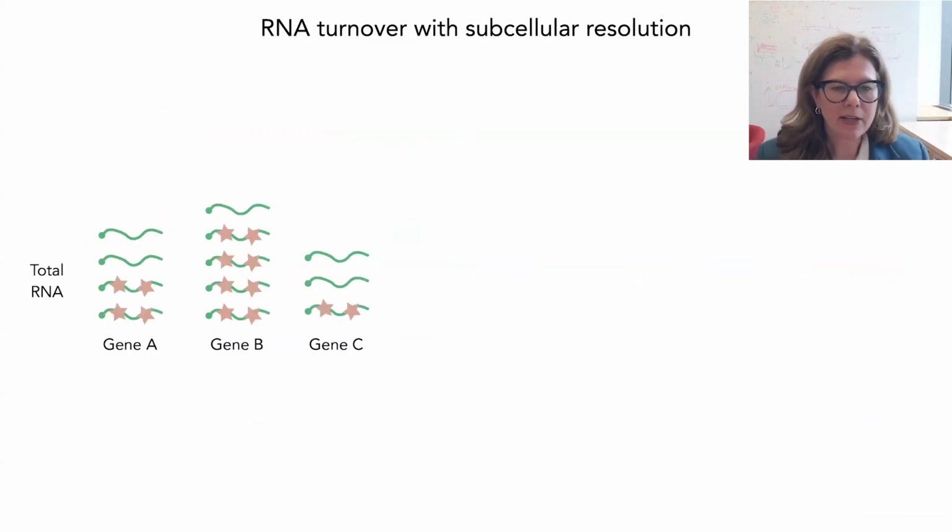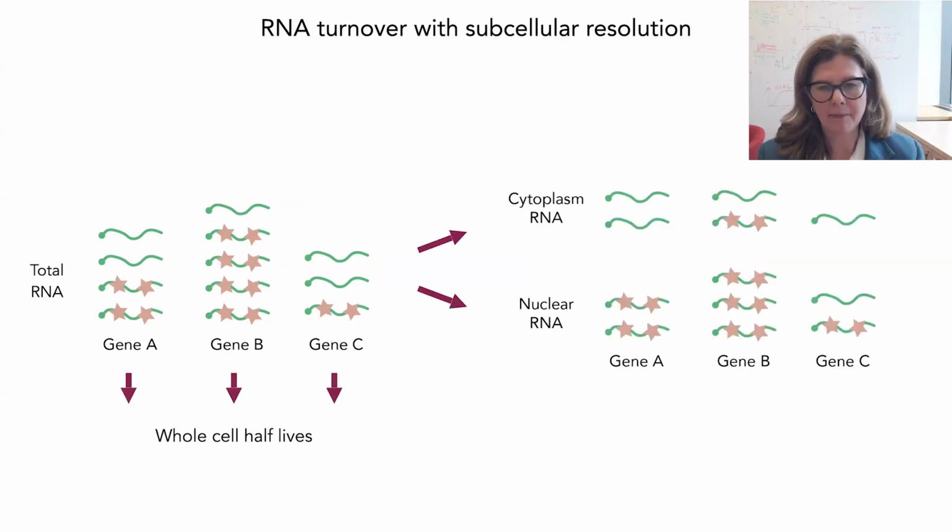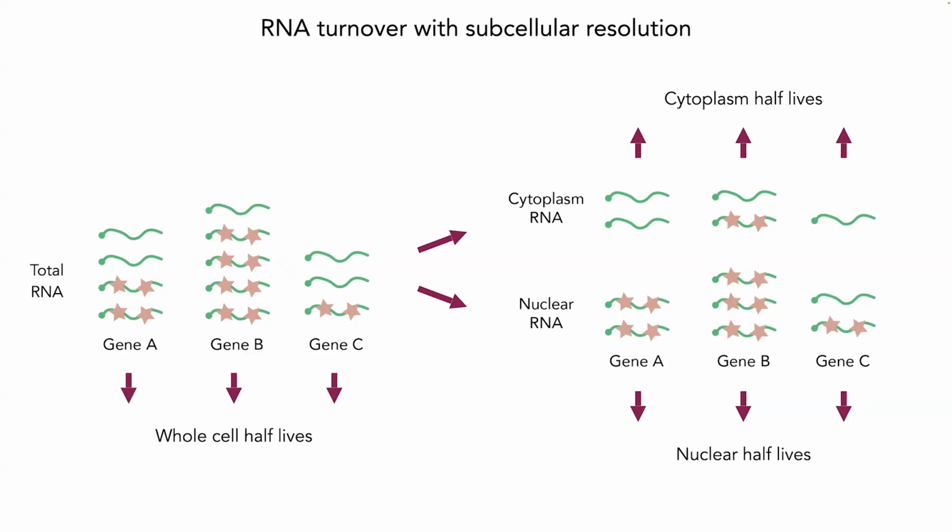And what Brendan wanted to do, instead of looking at the total half-life of the RNA, was to couple this approach with cellular fractionation, to look not only at whole-cell half-lives, but also the half-life that the RNA has in the cytoplasm and the half-life it has in the nucleus, as a way to identify how long RNAs are spending in different compartments across the cell.